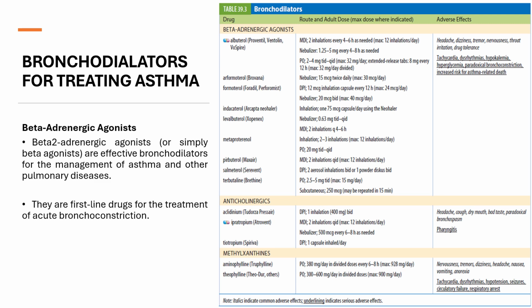subsequent death. The LABAs are also delivered via handheld inhalers, and patients may assume they have the same rapid action as the short-acting drugs. Patients must be alerted to the dangers of taking LABAs during an acute episode.